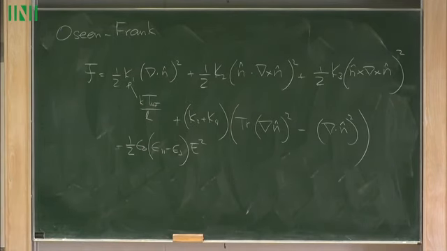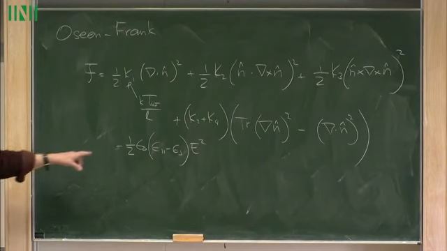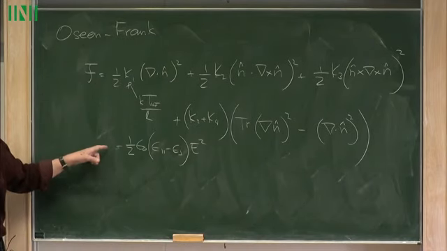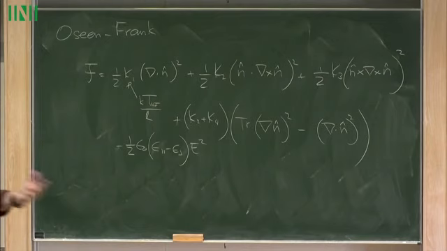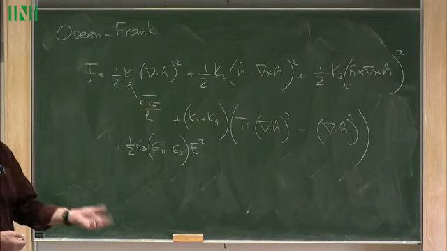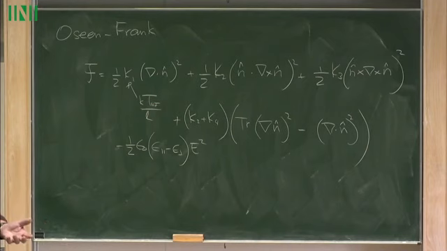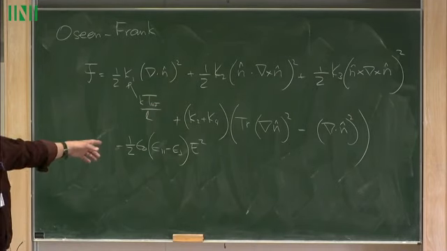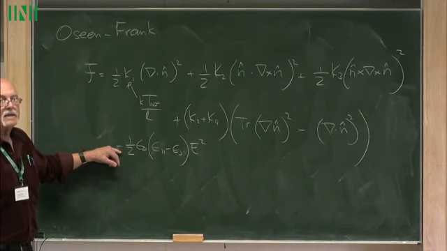I want to take 1 minute to comment on the sign, because there's been some discussion here. So we all know that the energy density of the electric field in free space or in a material is positive. So how does it make sense to have a minus sign here?